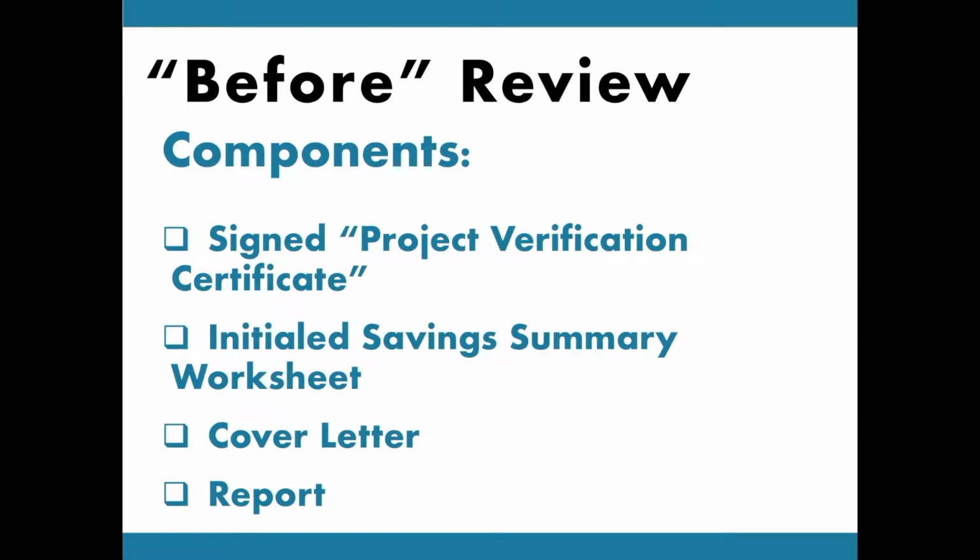The first is a signed project verification certificate. The second piece is the ITPR is going to initial our savings summary worksheet. They're also going to attach a cover letter, and finally there is possibly going to be a report that details any of their findings or their analysis that went into their review.